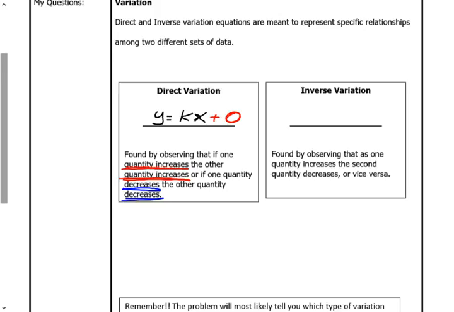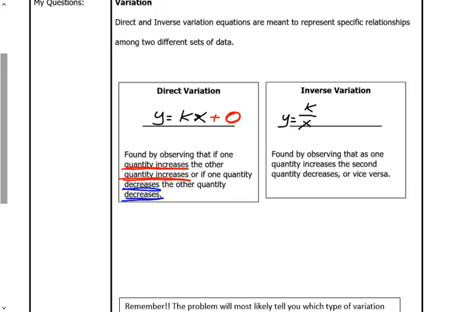Now, inverse is simply what inverse means. It's flipped. So as one value goes up, the other value goes down, or vice versa. Now the formula is a little different. This one actually gets written two different ways. The first way will be like that, k divided by x. And there's your inverse because it's kind of flipped.